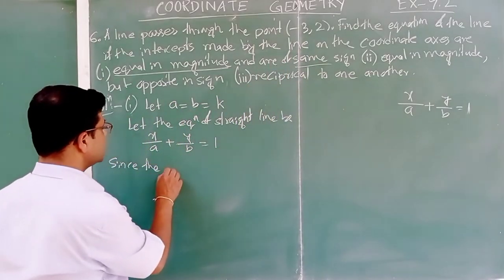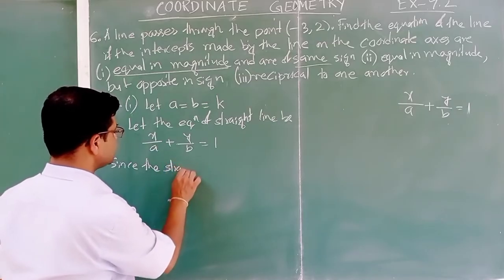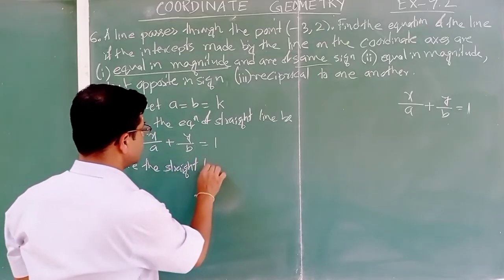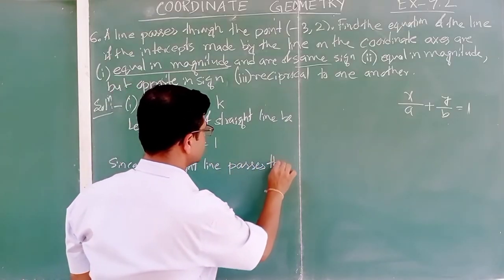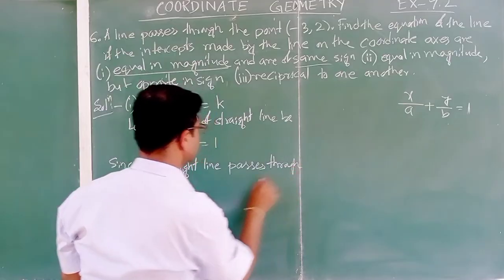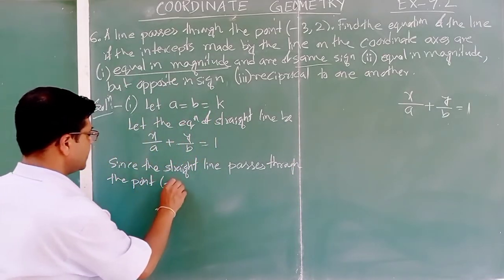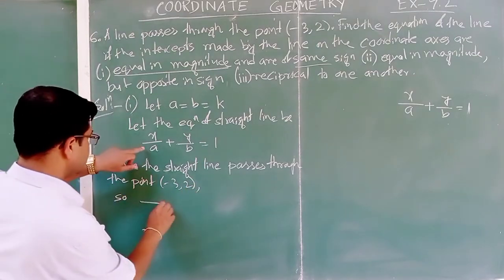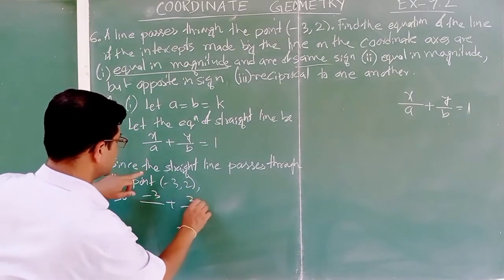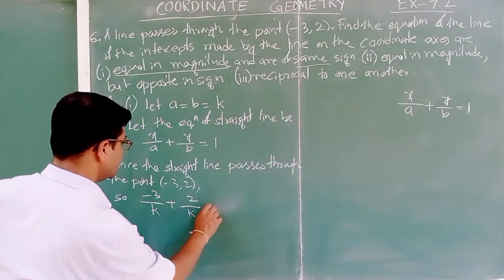Since the straight line passes through the point (-3, 2), that means this is -3 and this is 2, and a and b are equal, this is k, this is k, equal to 1.